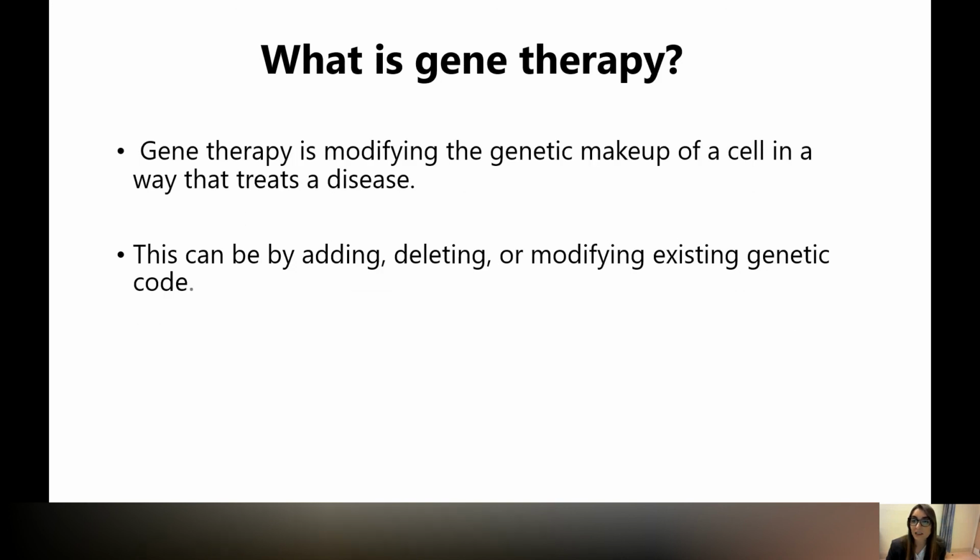And finally, gene therapy. Gene therapy is also considered precision medicine, and it's when we are actually able to modify the genetic code, the genetic makeup of a cell, in a way that will treat the disease.